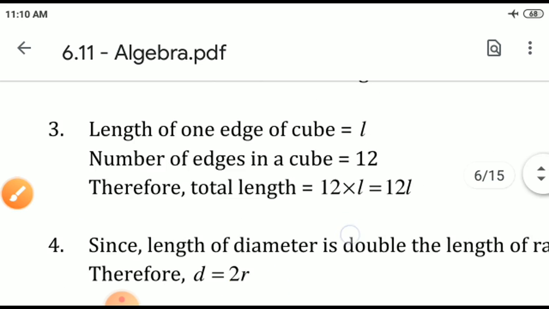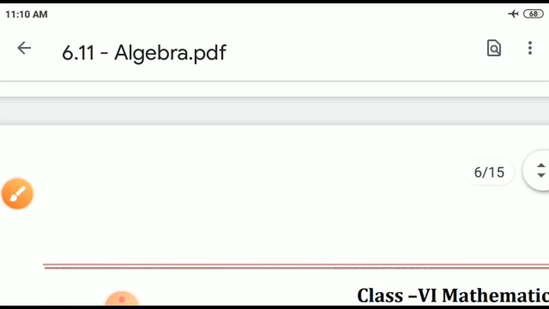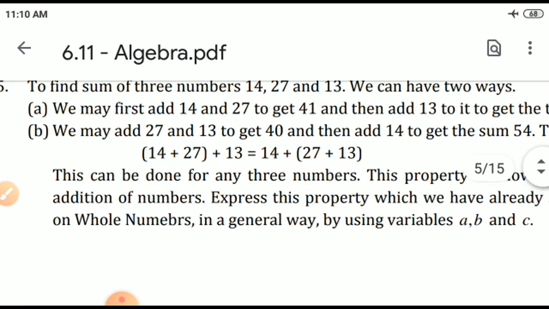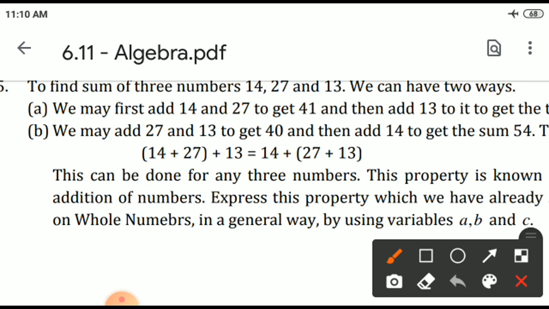Want to see how they gave us the example also, by putting the values on both sides? Let's check it here. 14 plus 27 will give us what answer? 41. Then 41 plus 13, it's the left side part. 41 plus 13 will give you 54.